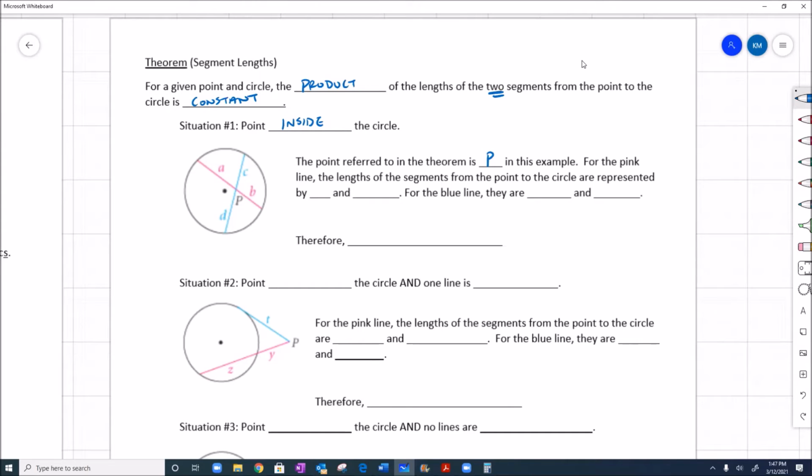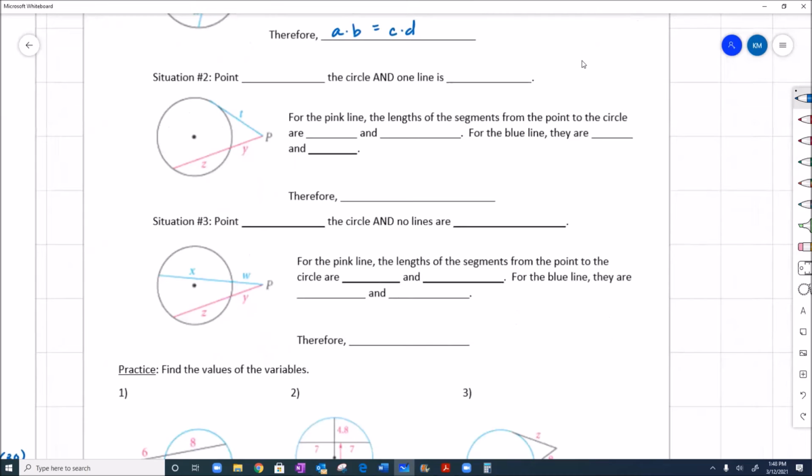For the pink line, the lengths of the segment from the point to the circle are represented by A and B. For the blue line, they are represented by C and D. And so what they're saying for this theorem is that A times B should equal C times D. Okay.